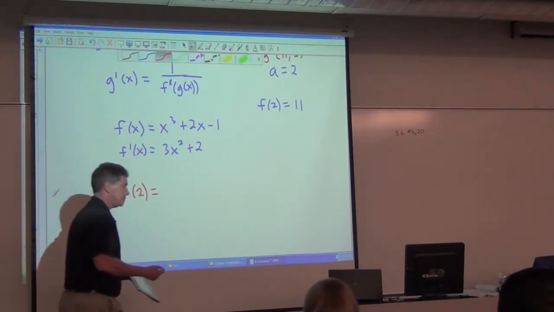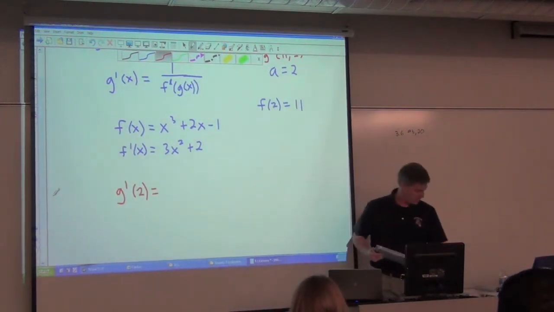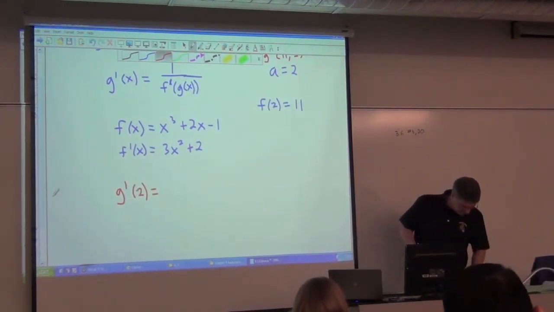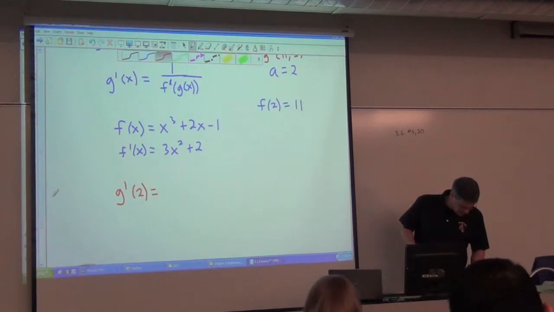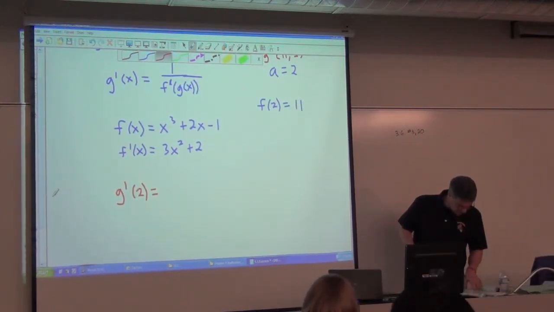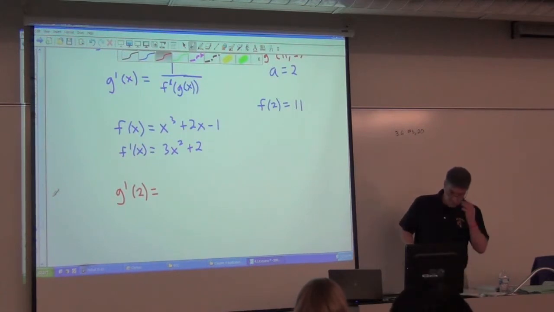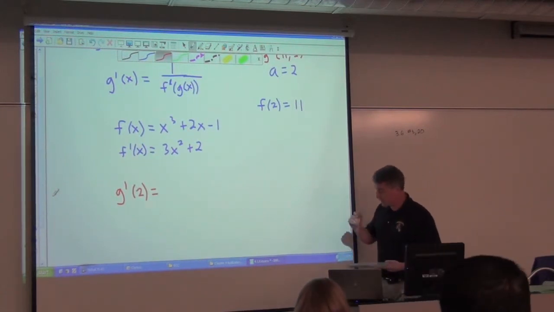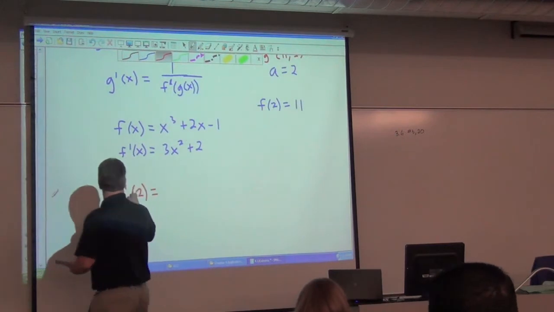They gave us the function x cubed plus 2x minus 1. We want to find the derivative of the inverse at a, where a is 2. So we want to find the derivative of the inverse at 2.